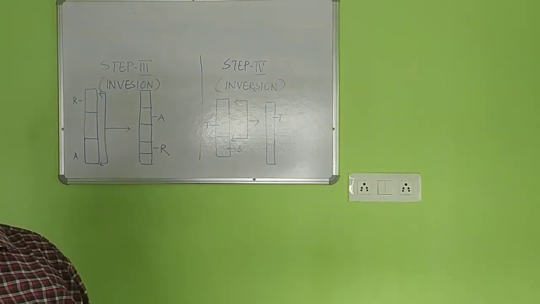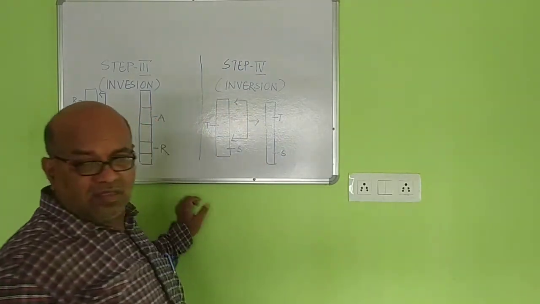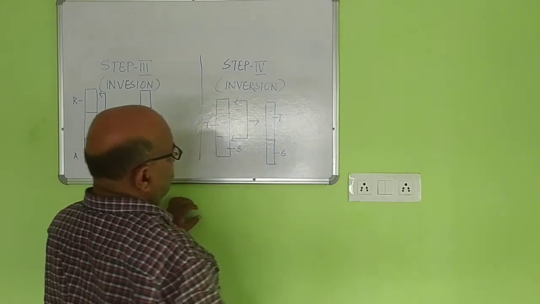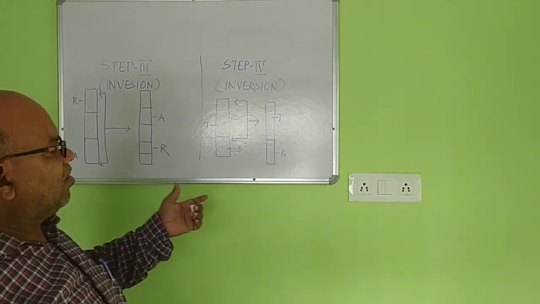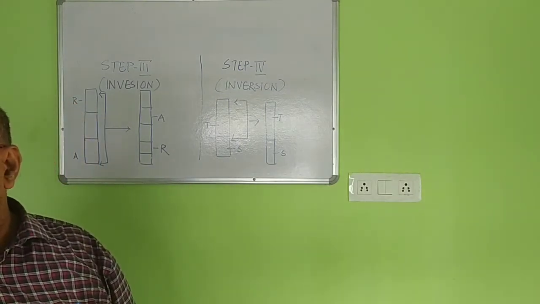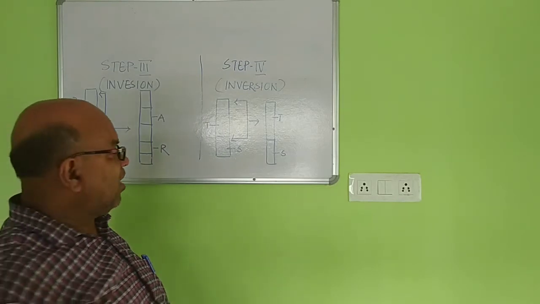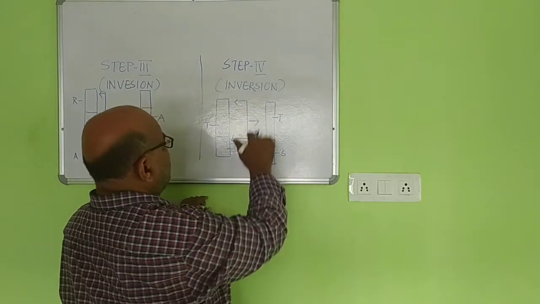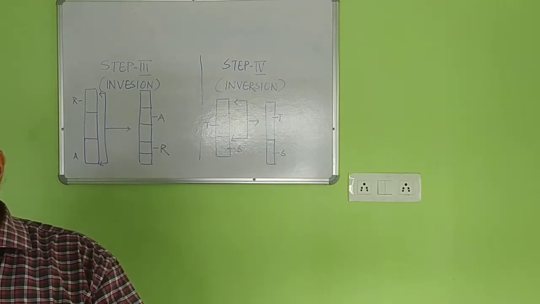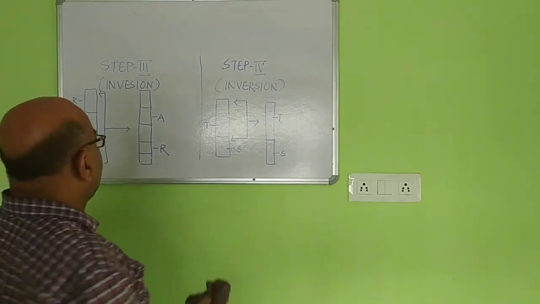Then this portion is called as your S. And this is the inversion in here, and that is called as your inversion, step 4. This is known as your step 4 inversion. You can collect some knowledge about it. Then you find the step 5.